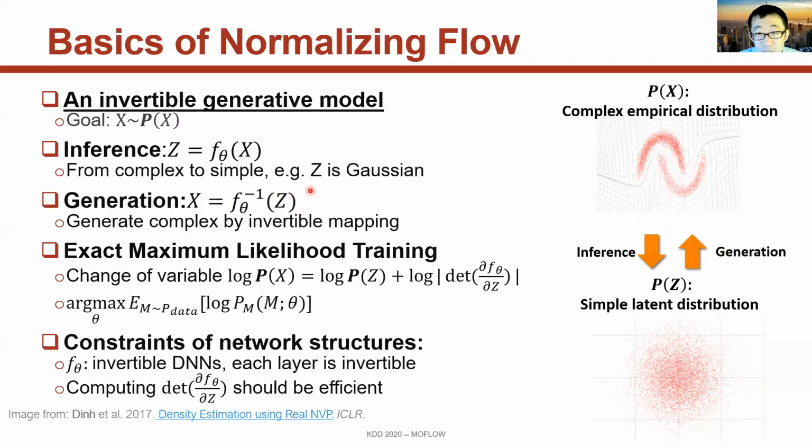We can learn the model parameters by exact maximum likelihood training. Each layer of the deep network structure must be an invertible layer, and the computation of the Jacobian determinant should be efficient. There are two constraints on such neural network structures.